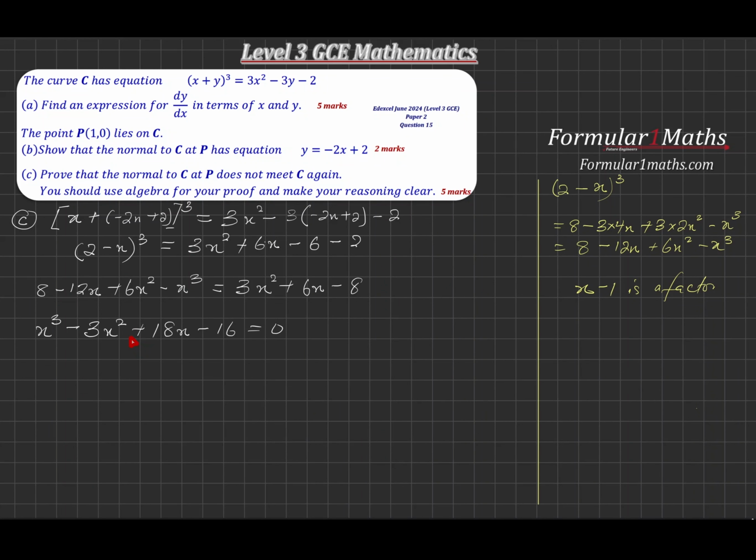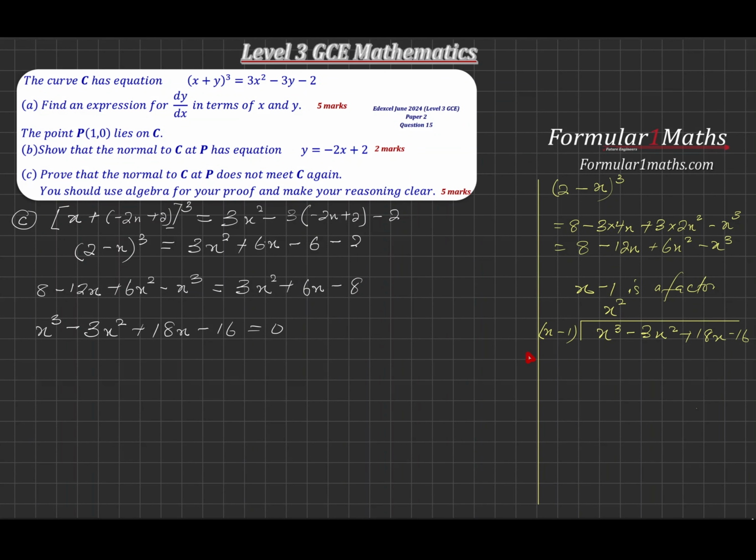And so if I do my long division to get the other factors, I have x cubed minus 3x squared plus 18x minus 16 divided by x minus 1, which is the factor. Then looking at x and x cubed, I will get x squared over here.